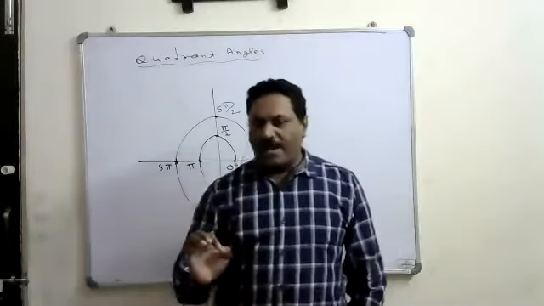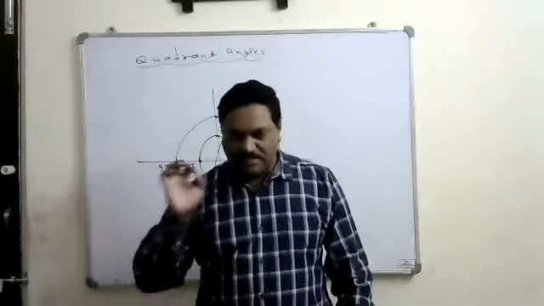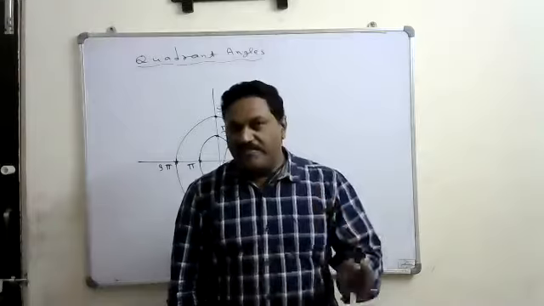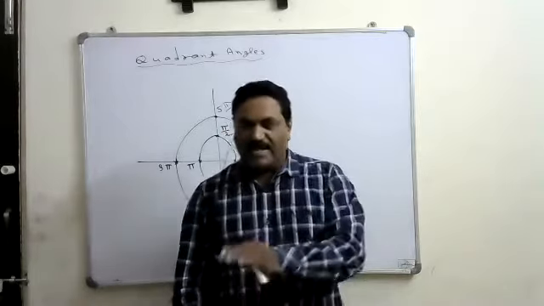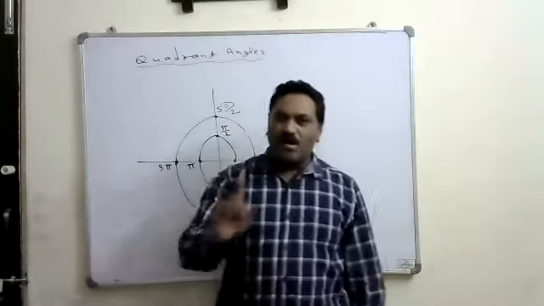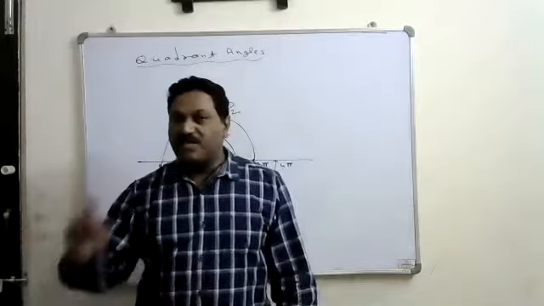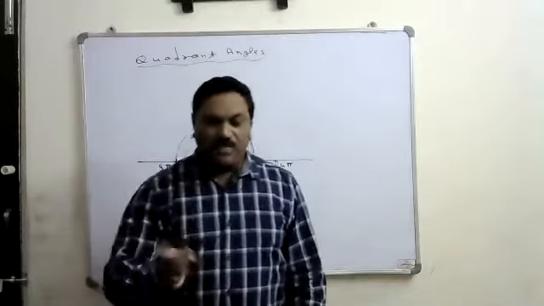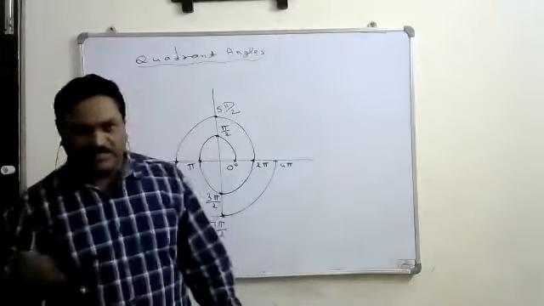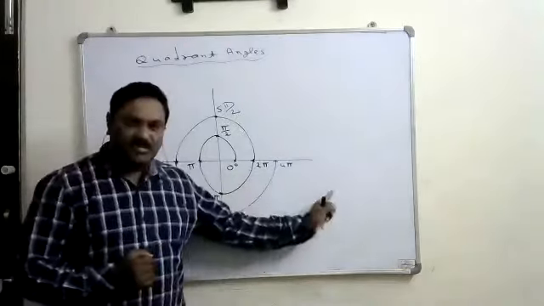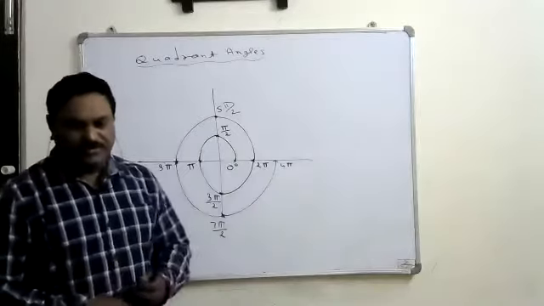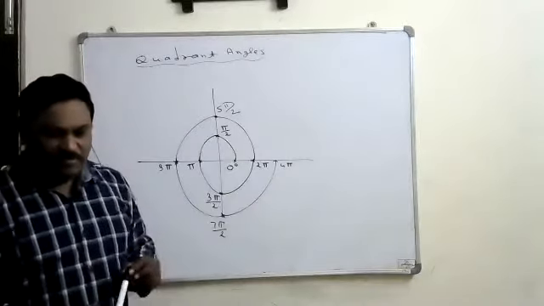Integral multiples of pi lie on the x-axis: even multiples of pi lie on the positive x-axis, and odd multiples of pi lie on the negative x-axis. That is a very, very important point that you have to remember carefully.